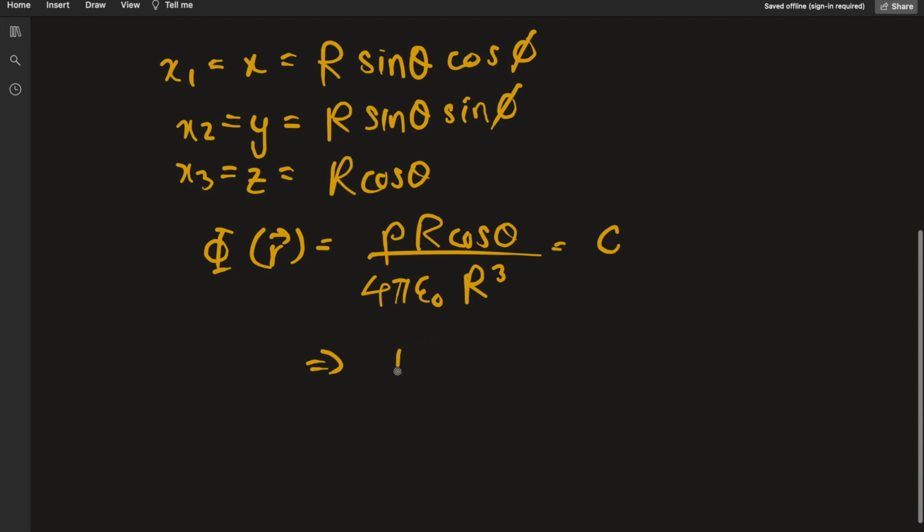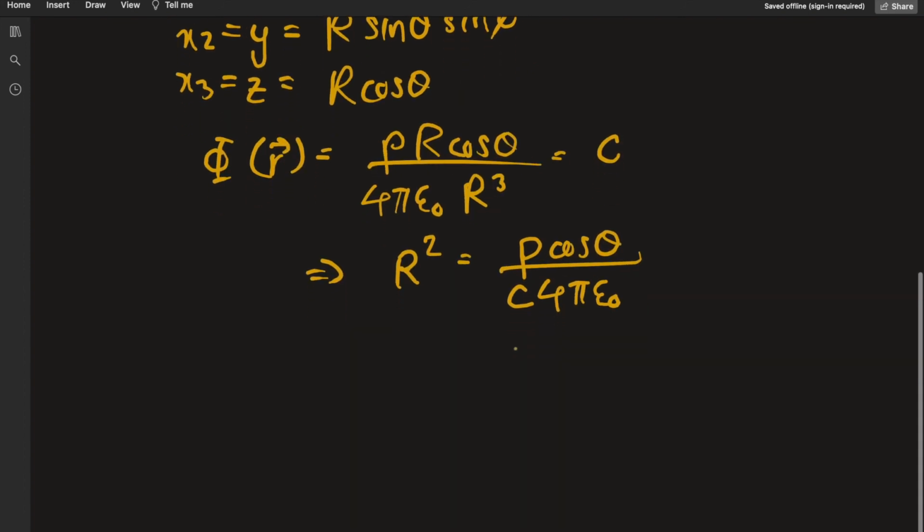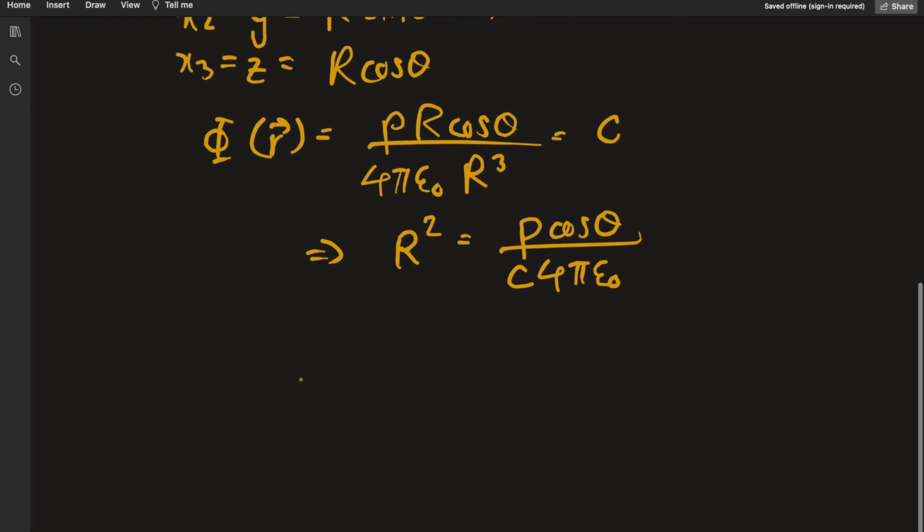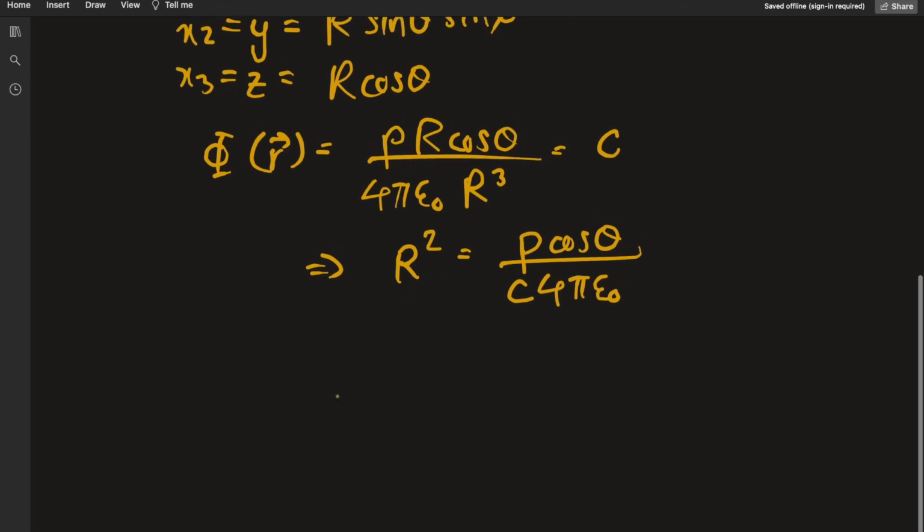So r squared is basically p cosine theta over c times 4 pi epsilon naught. And then you take the square root, you get a polar equation in r and theta. You can graph this in your polar calculator, fine, whatever. That's how you sketch the scalar field.